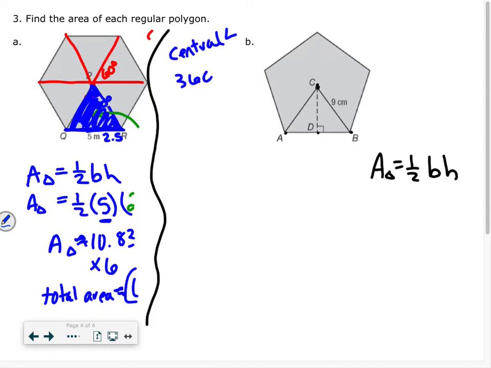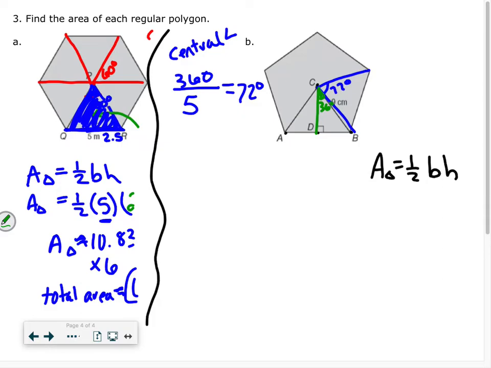So 360 divided by, in this case, we have 5 sides. It's a pentagon. So our central angle is going to be 72 degrees. Now, if we look at our triangle, it's divided in half. So half of 72 is going to be 36 degrees.